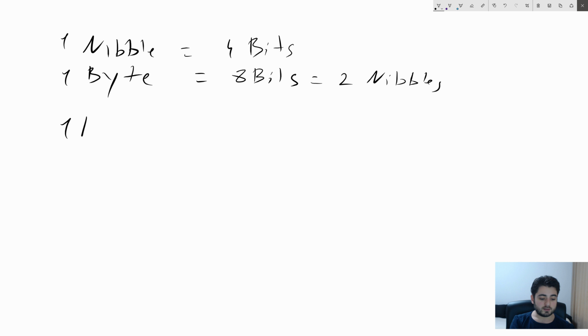So 1 kilobyte, and I'm just making the B capital, I don't know why, it just happens automatically.